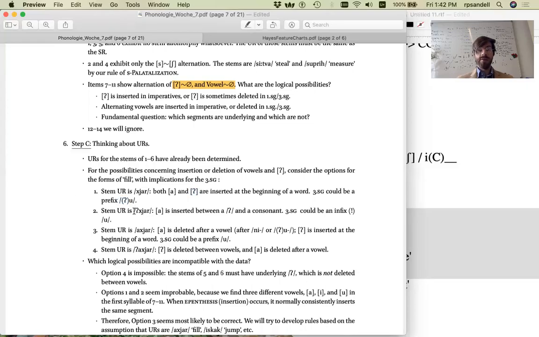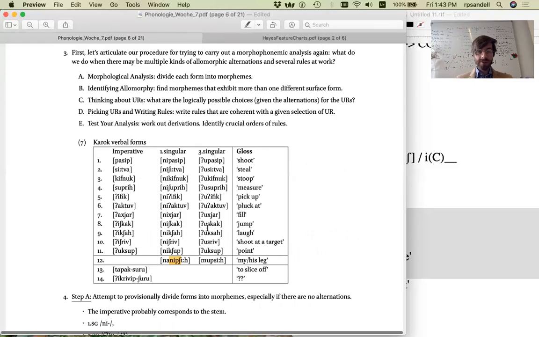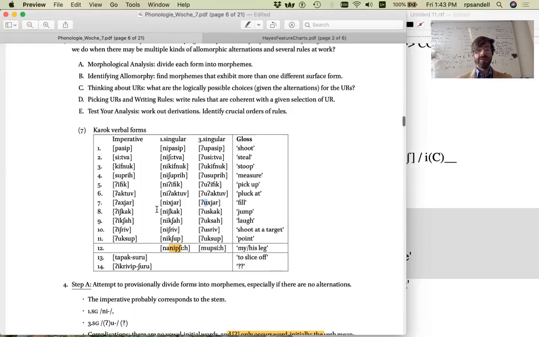If we assume that the underlying form has a glottal stop but no vowel a, then we would require a process that inserts a vowel a between the glottal stop and the consonant. In that case, we would have to assume that the third singular is an infix u, right? Because in the third singular form of this word, we have a u occurring between the glottal stop and the consonant.